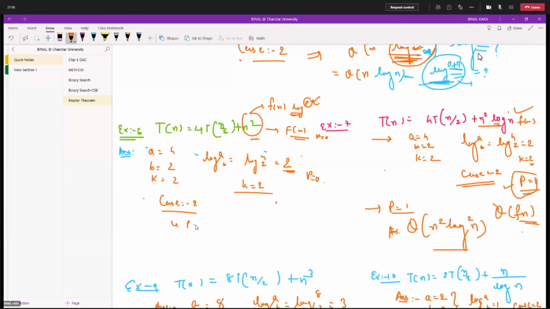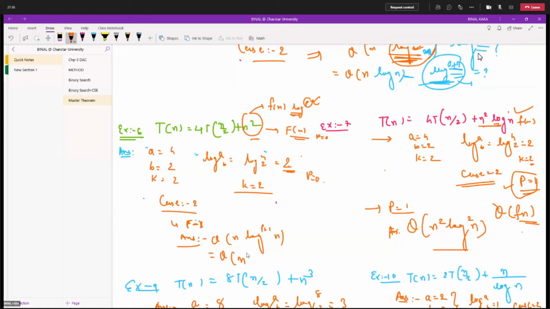Case 2, first approach, what is the answer? Theta, from here you can see n^k log^(p+1) n, right? What is k? n power n square, so k is 2. And log p plus 1 n, what is the power? n power k.